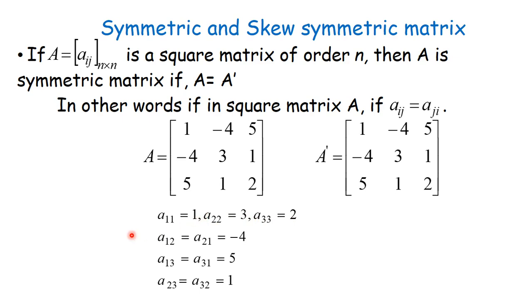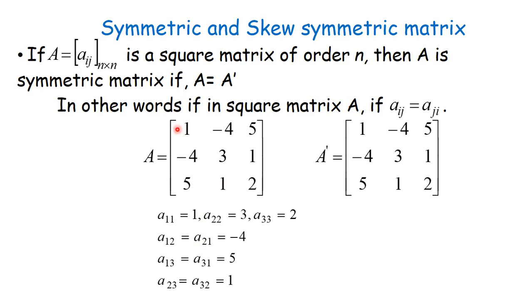Okay, now see A12 is -4 and A21 is again -4, means Aij is equal to Aji. Similarly, A13 is equal to 5, A31 is equal to again 5. Yes, so similarly A23 is equal to 1 and A32 is equal to 1.